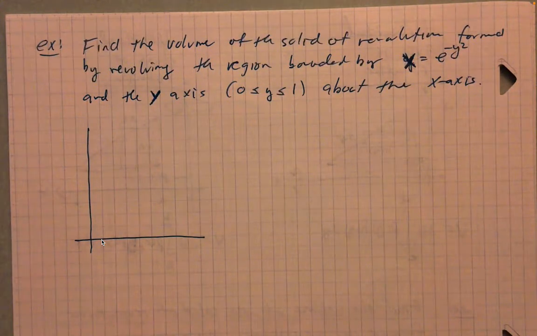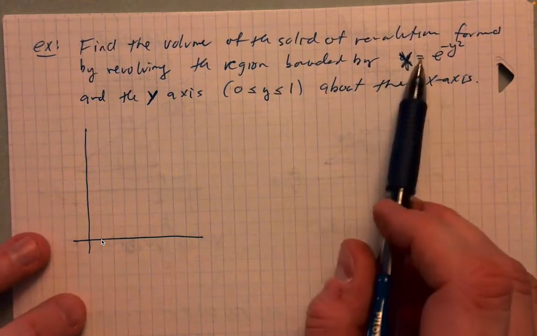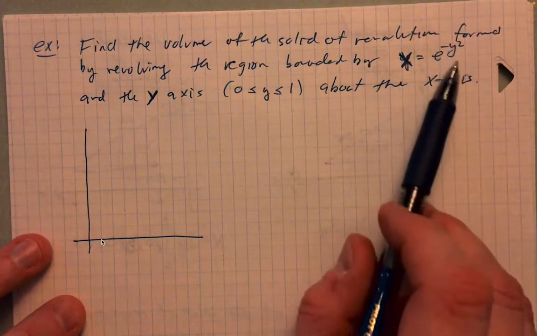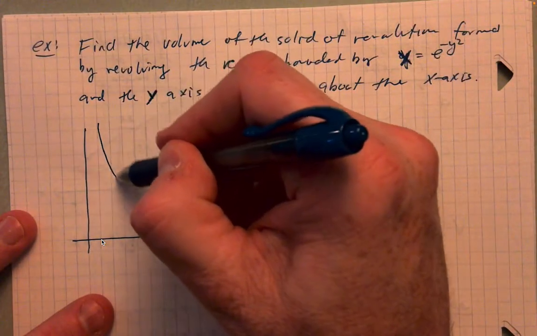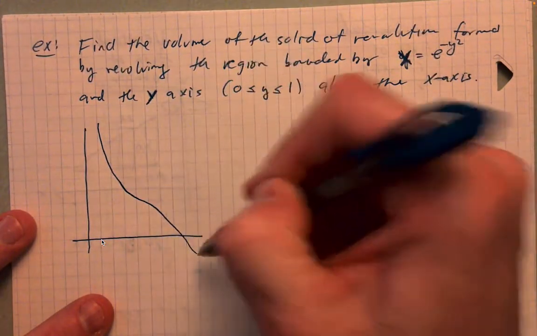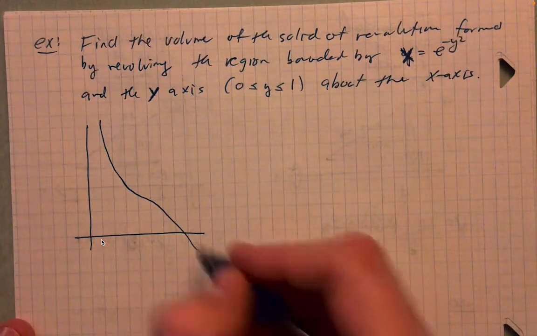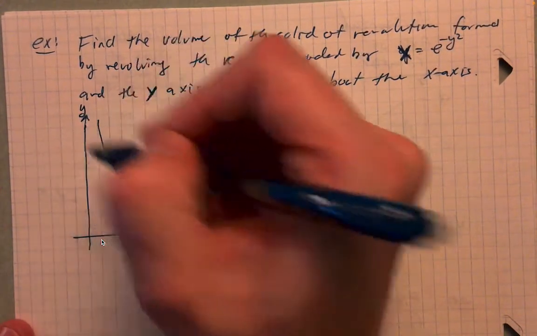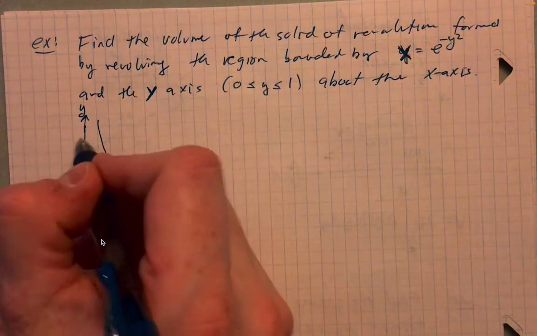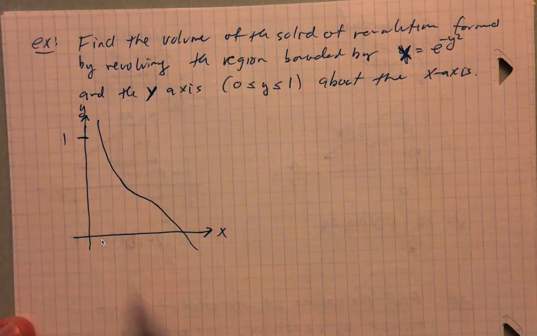So if we were to plot x equals e to the negative y squared on this graph, it would look something like this. This is your x-axis, this is your y-axis. Now we'll say this is 1, and then of course this is 0.